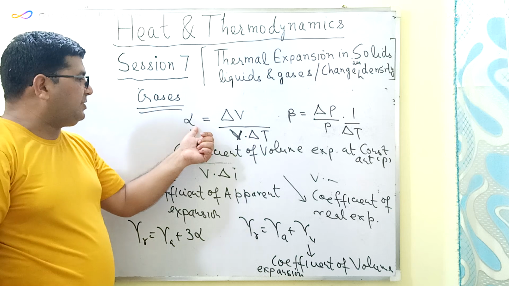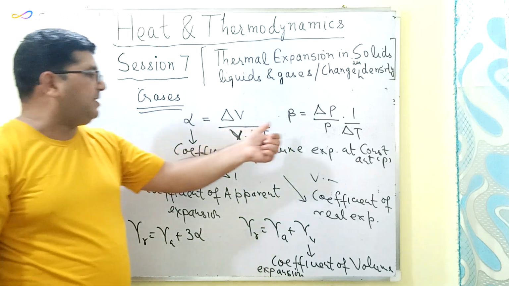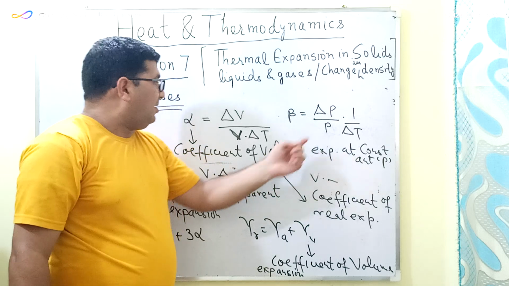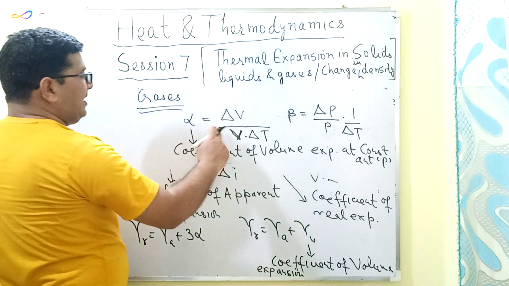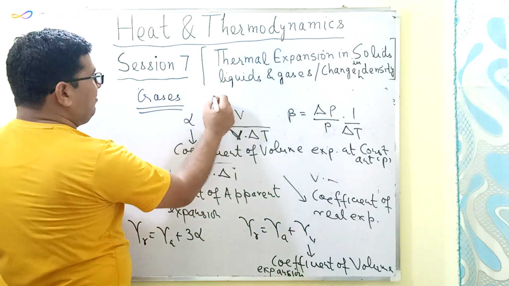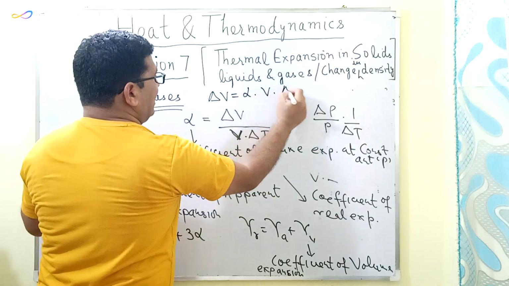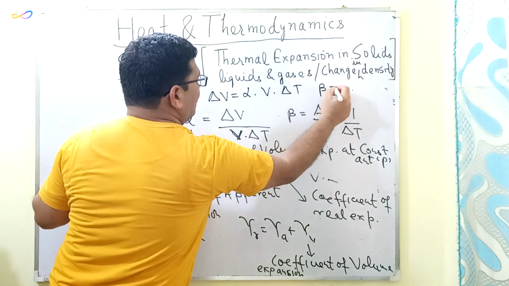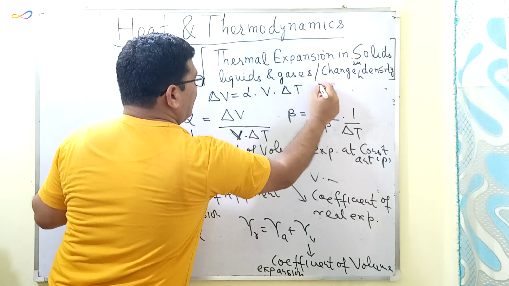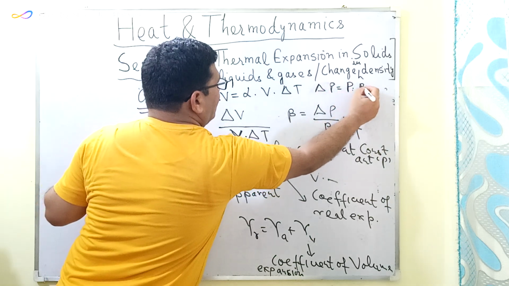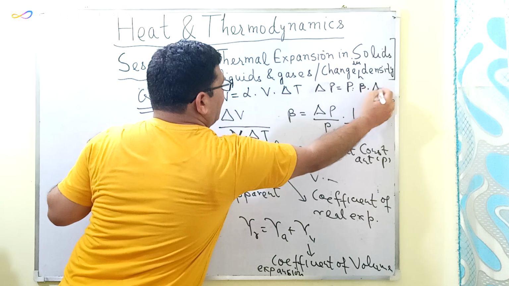So alpha is the coefficient of volume expansion at constant pressure and beta is the coefficient of pressure expansion at constant volume. So from here we can find that delta V will be equal to alpha into V into delta T, and delta P will be equal to P into beta into delta T.